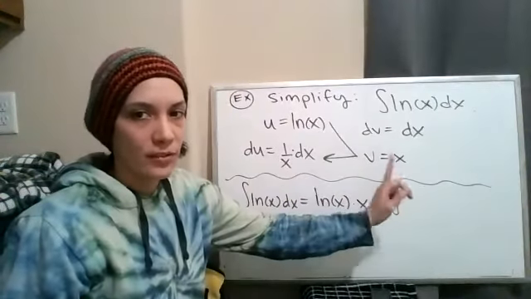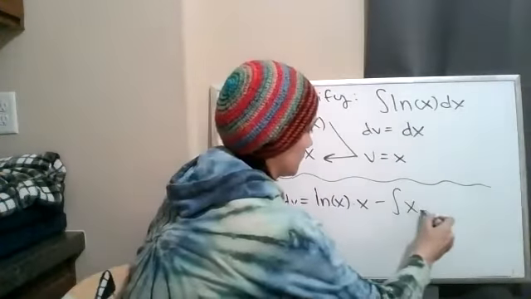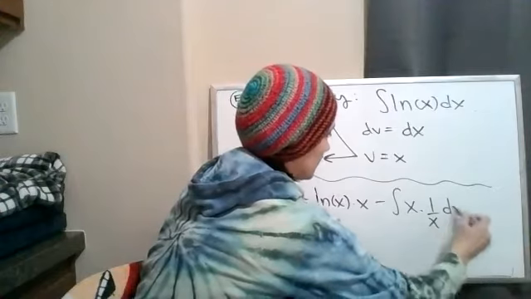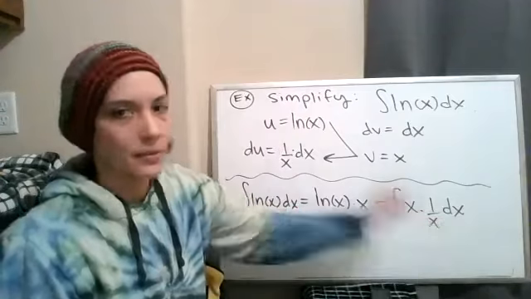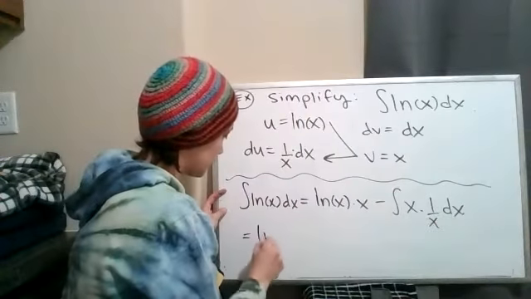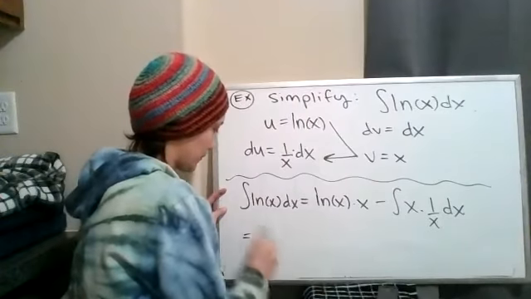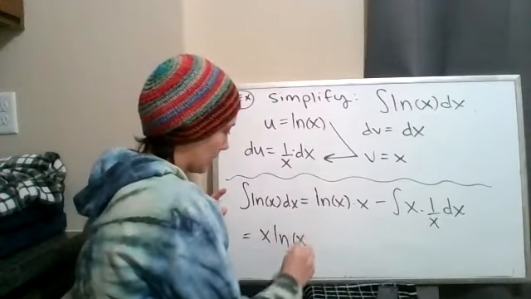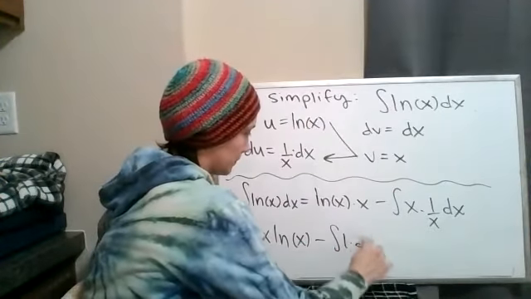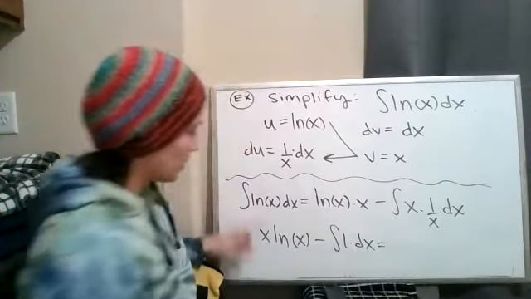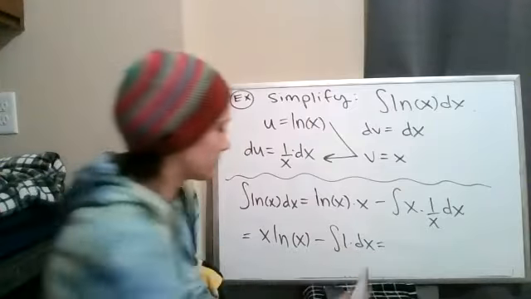So we've got an integral of x times 1 over x dx. This would be the integral of 1 dx. Let's put this x first. So we've got x ln x minus x plus c.